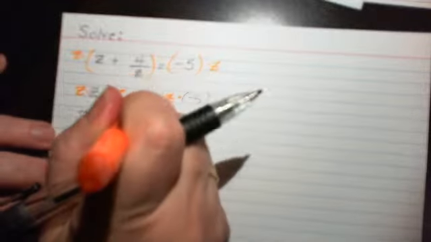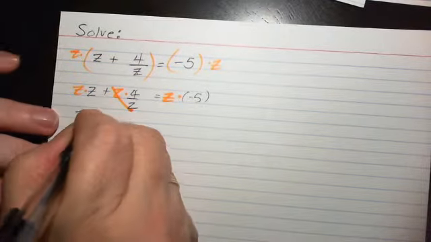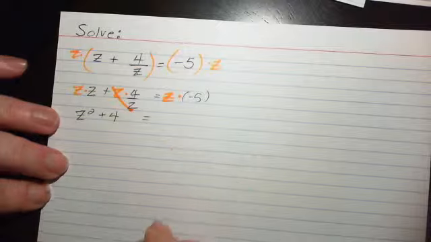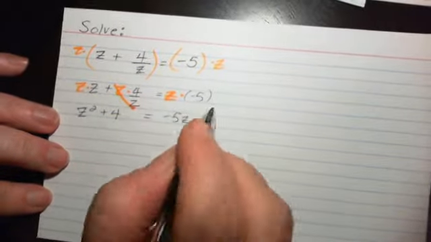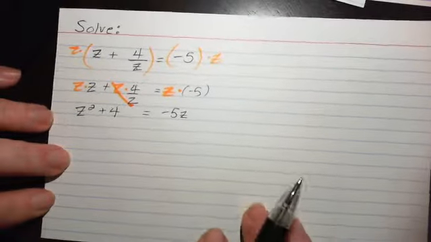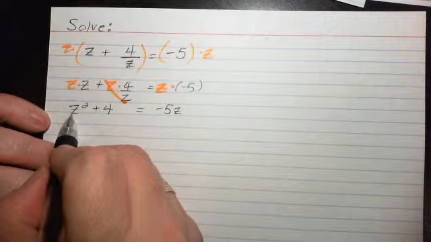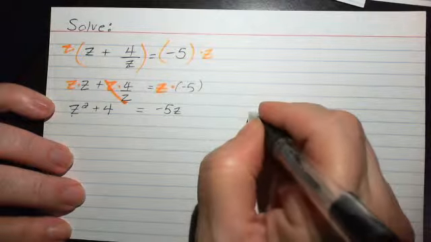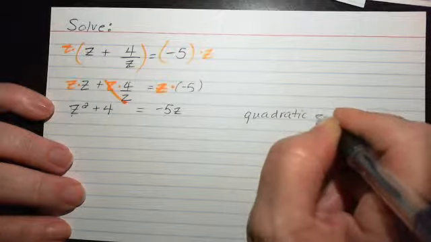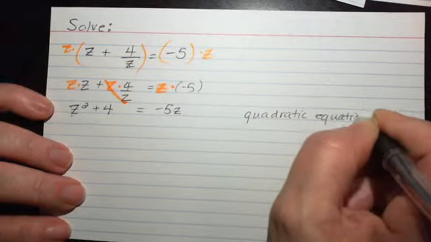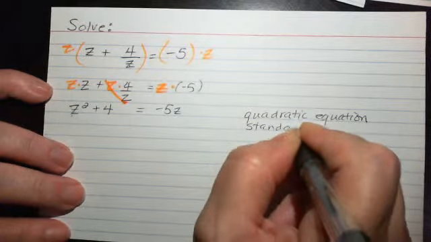Z times 4 over z allows the z's to cancel, plus 4 equals z times negative 5, which is negative 5z. Now we've cleared the fractions, and we need to recognize, because of the squared variable here, this is called a quadratic equation. It's quadratic, so that means we want it in standard form.